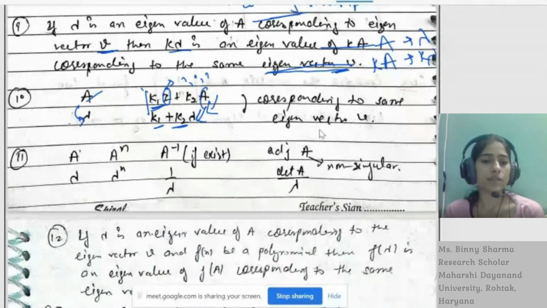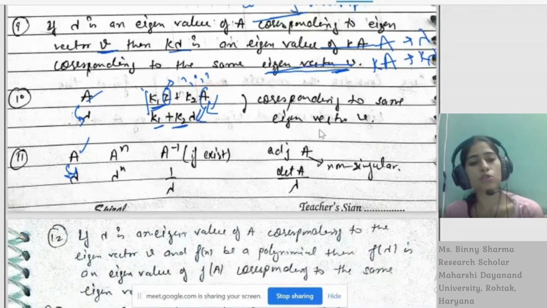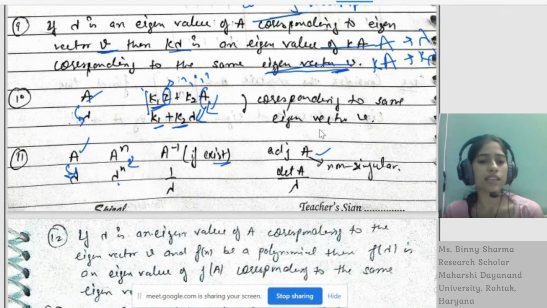11th, if A is a matrix and its eigenvalue is lambda, and we are interested in finding eigenvalues of A raised to power n, A inverse if it exists, or adjoint of A, then the eigenvalue of A raised to power n is lambda raised to power n.